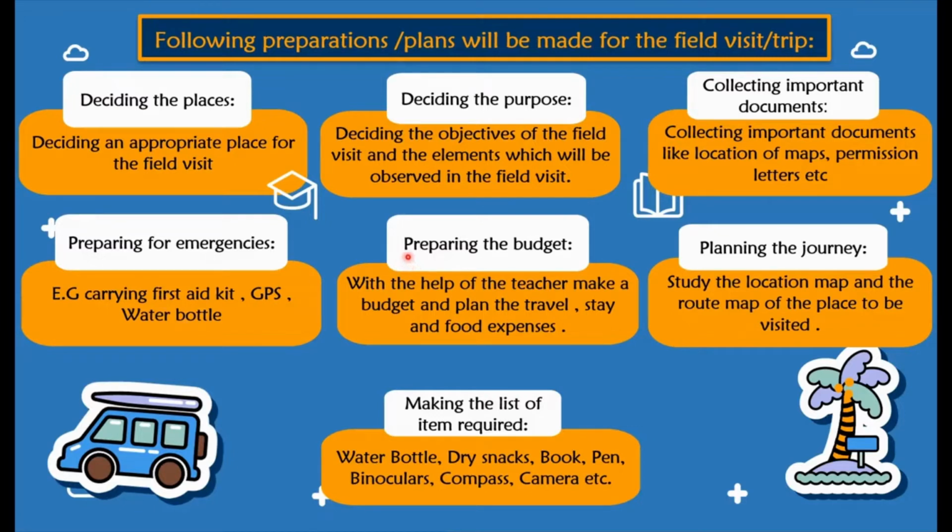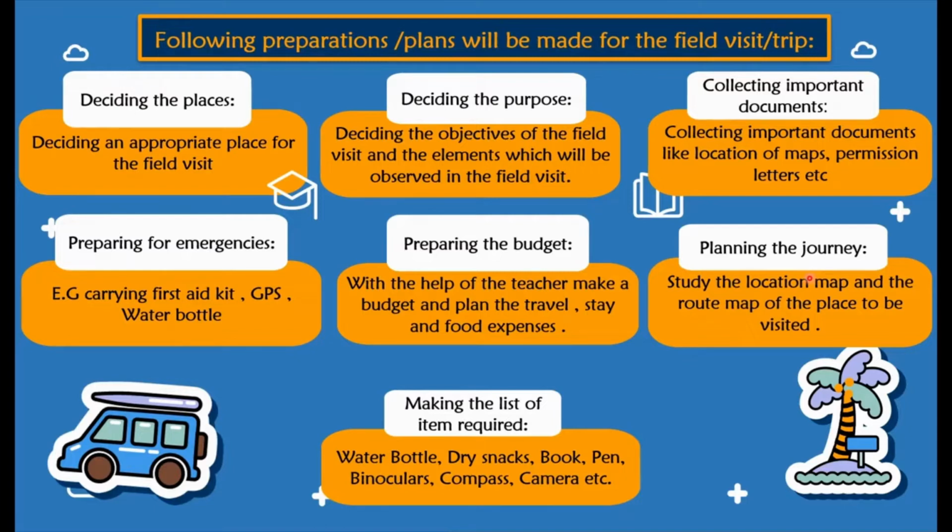Next one, preparing the budget. With the help of a teacher, make a budget and plan the travel, stay, and food expenses. Next one, planning the journey. Study the location map and the route map of a place which needs to be visited.